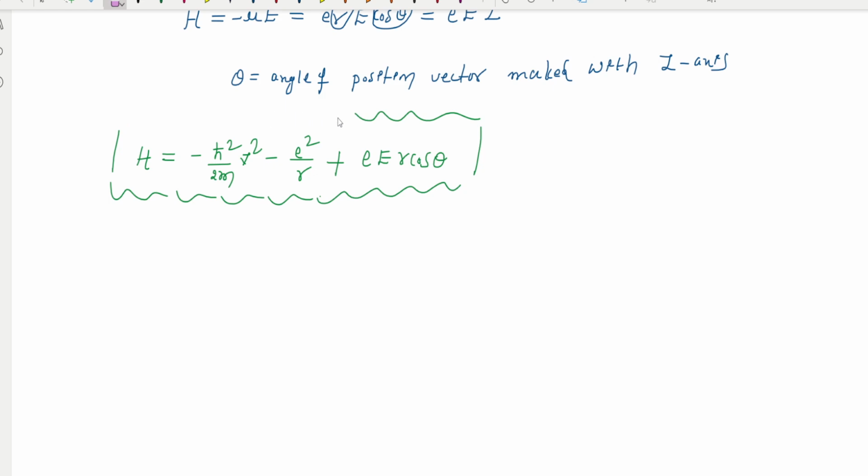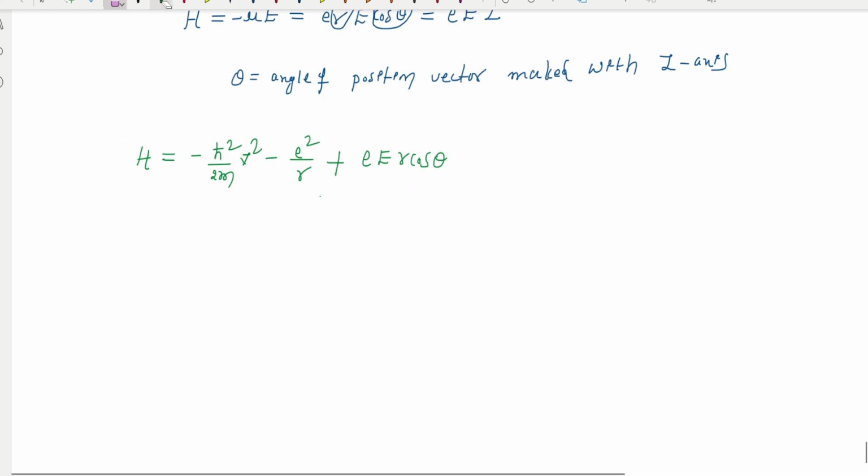This is the unperturbed Hamiltonian. This is the perturbed Hamiltonian. First, we have to calculate this energy level. Then we can add this corrected energy term.